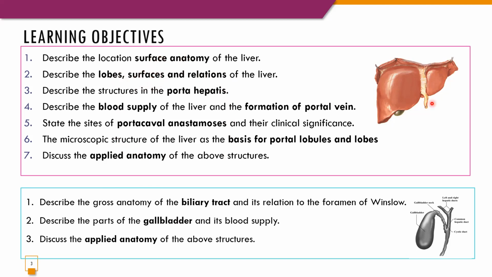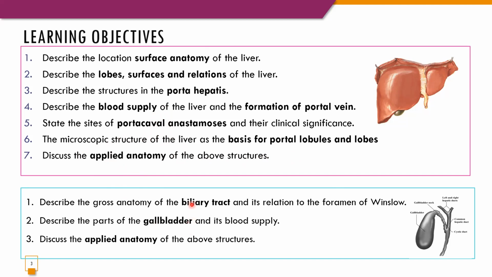The surfaces are the surfaces of the liver itself, and the surface anatomy is where you can assess the liver from the external. Then we learn about the porta hepatis, the blood supply of the liver, and the portacaval anastomosis. Why are they so clinically significant, so important? And the basis for portal lobules and lobes of the liver, and some upper anatomy related to the liver.